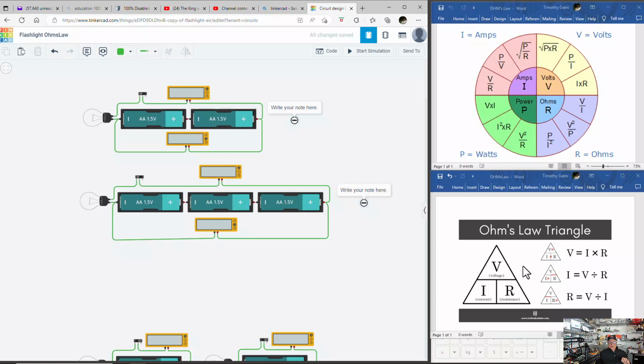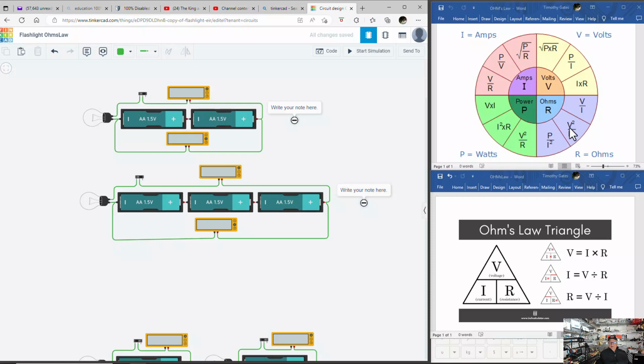Now these 3 can be found up here. See, volts equals I times R. I equals volts divided by resistance, and resistance equals volts divided by current. So all 3 of these are up here in this major diagram. But you see there are 3 equations that you can use to calculate the volts, 3 for calculating current, 3 for calculating power or watts, which we've not talked about, and 3 for calculating ohms or resistance.